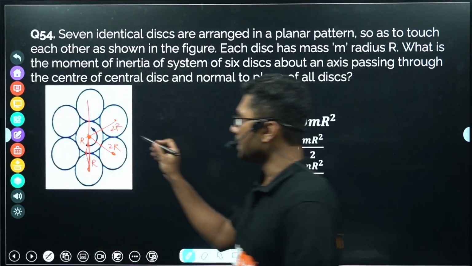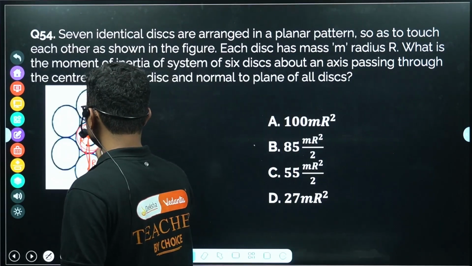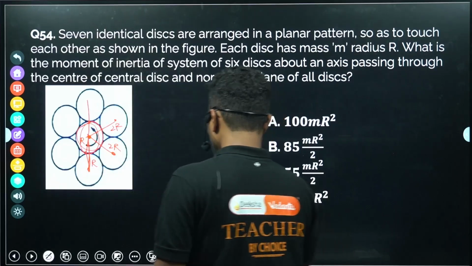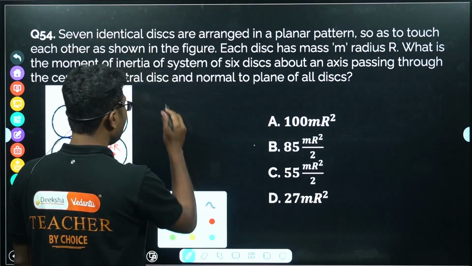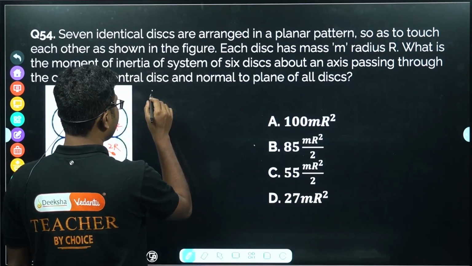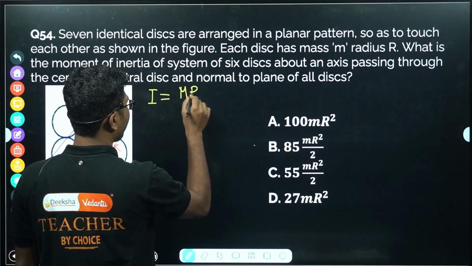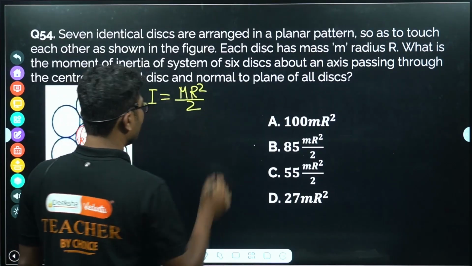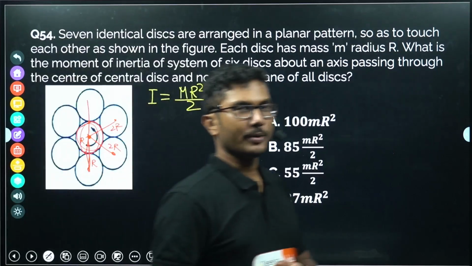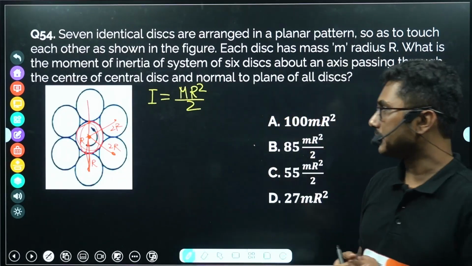If there is only one disc here, what is its moment of inertia? Let me write the moment of inertia of only one first: mr square by 2, right? mr square by 2 is the moment of inertia for only one disc.